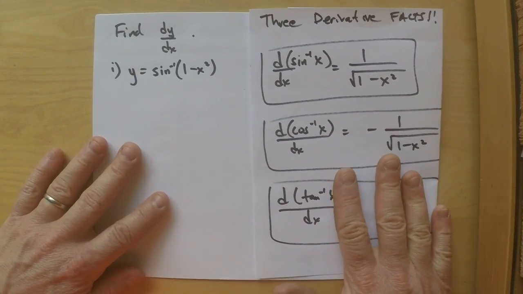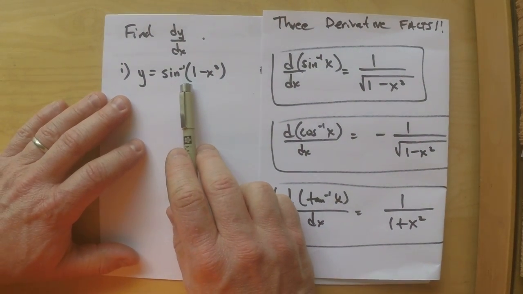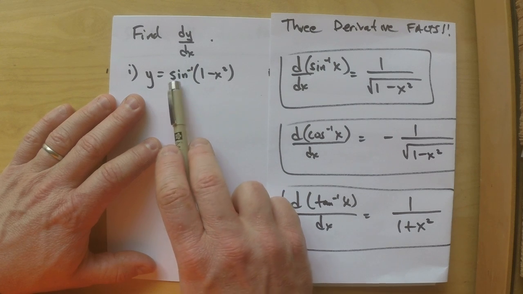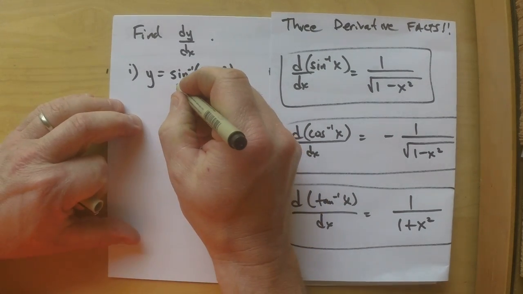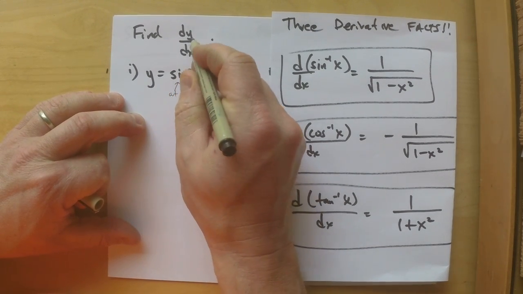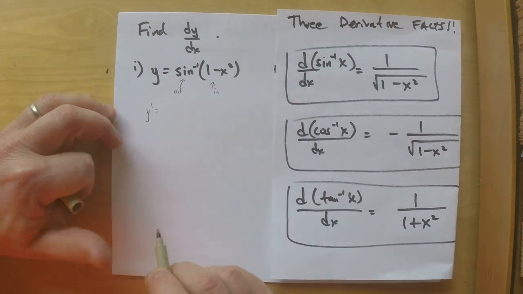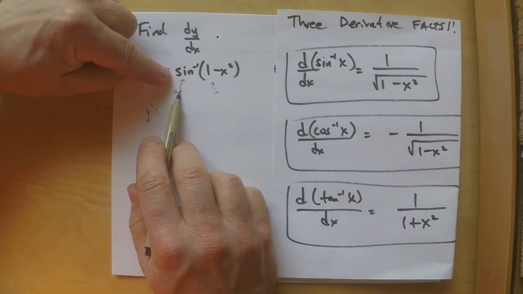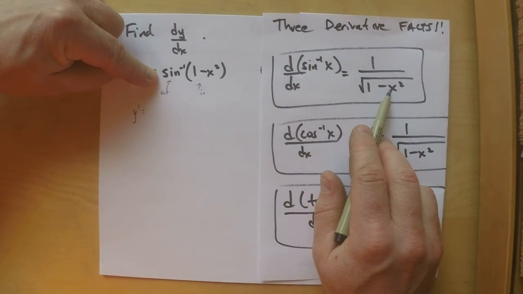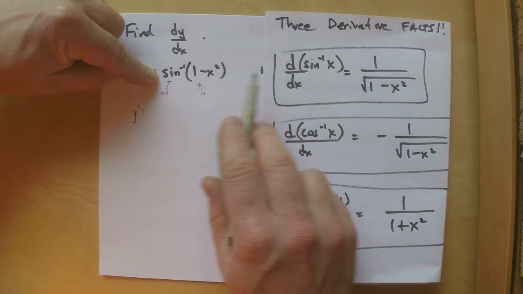So, if I wanted to take the derivative of arc sine or inverse sine of 1 minus x squared, just got to think about this as the outer and this as the inner. And I got to take the derivative by using the outer derivative, and the outer derivative is this, but it has to be evaluated at the inside.